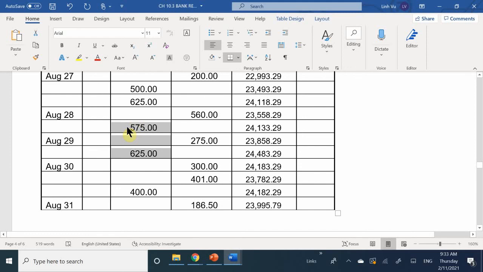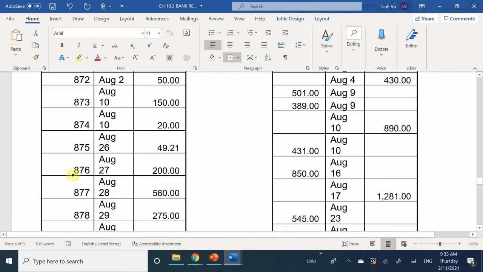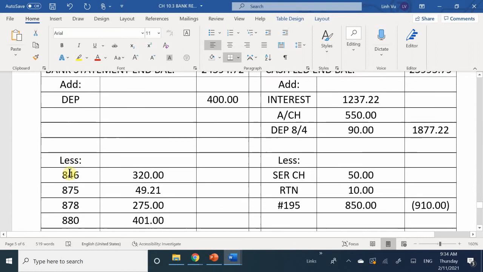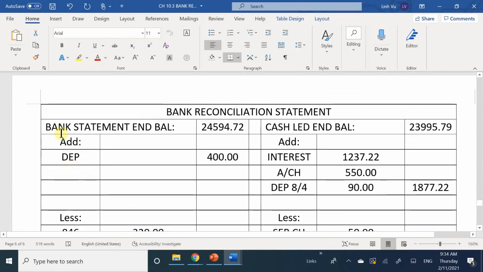No. So the automatic assumption is we will deposit to the bank. So in this case, I have 575 and 625. So let's go see where I could place that. So in here, obviously the bank doesn't know that. That's cash on hand that I have, right?